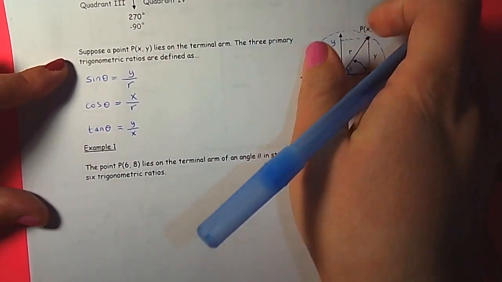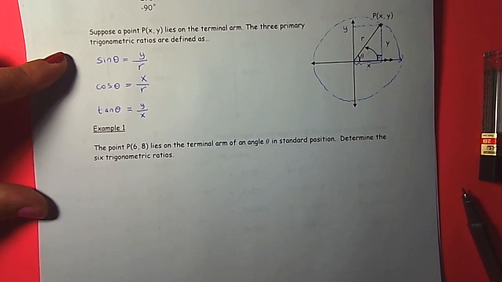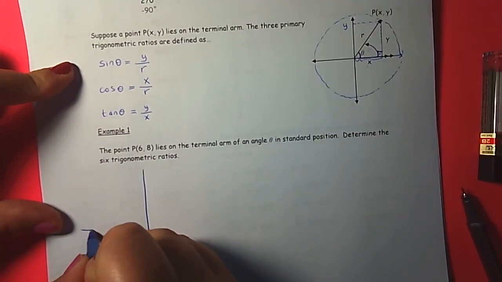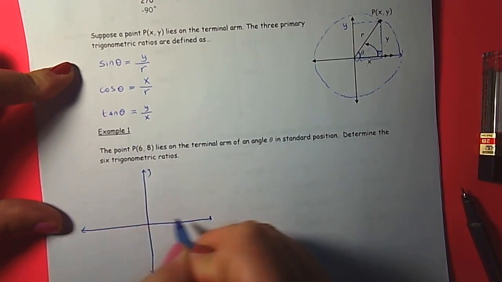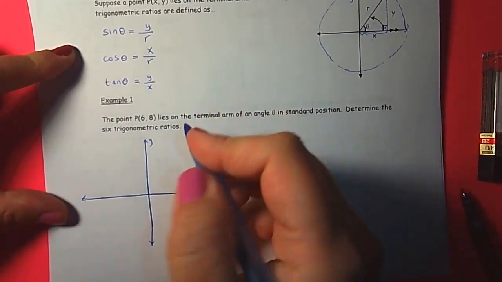Let's look at an example here. So we have a point (6, 8) that lies on the terminal arm of an angle theta in standard position. Determine the 6 trigonometric ratios. So let's draw our x and y axis first. Approximately, let's put the location of this point.